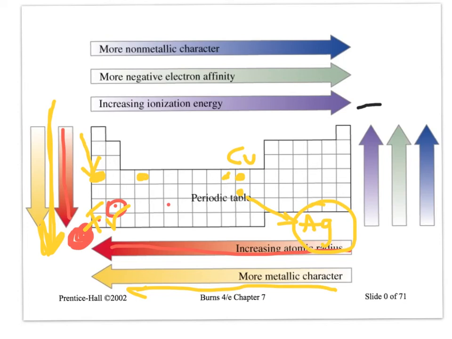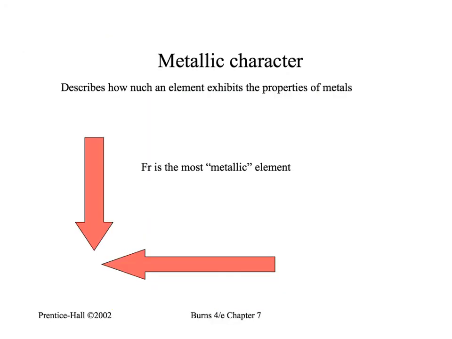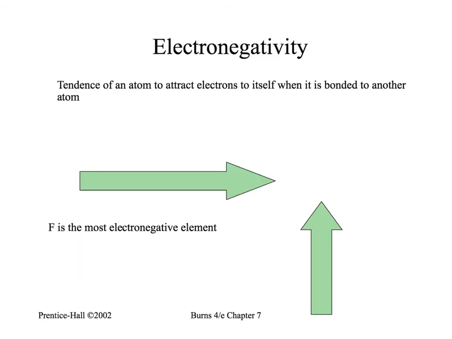Let's see the electronegativity. Well, first, metallic character. Francium is the most metallic element, and as we said, it is found in the lower left part of the periodic table. What about the electronegativity? It's just the opposite.